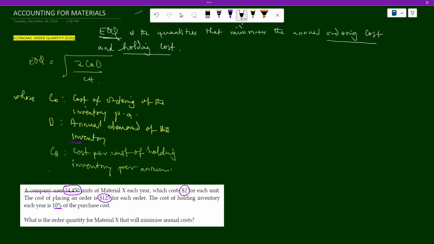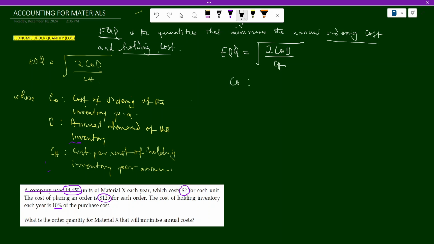So we first of all start by looking at our economic order quantity formula, which is the square root of 2 times the cost of ordering times the annual demand divided by the holding cost. Okay, so let's look at the variables in the question.